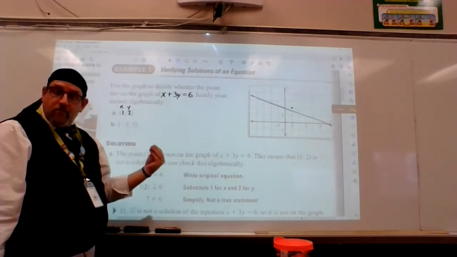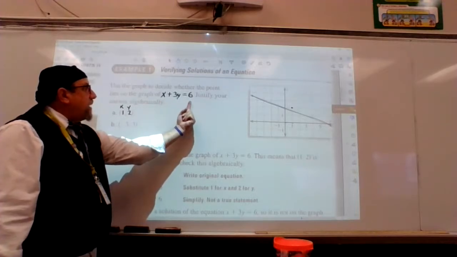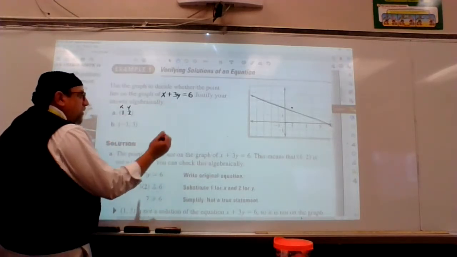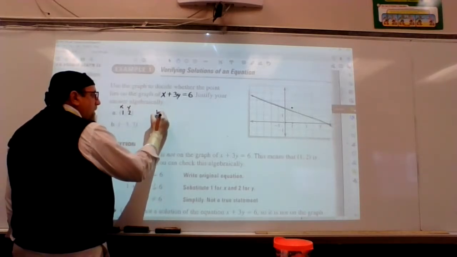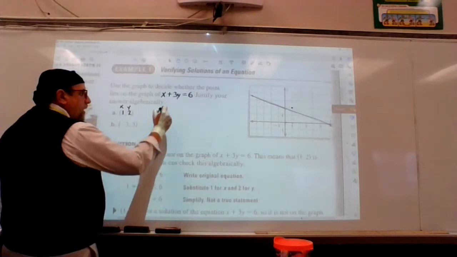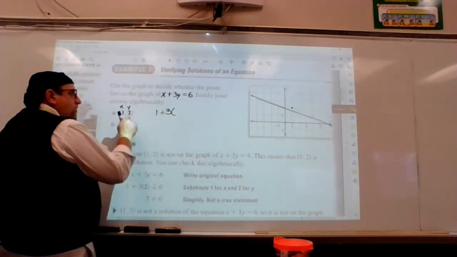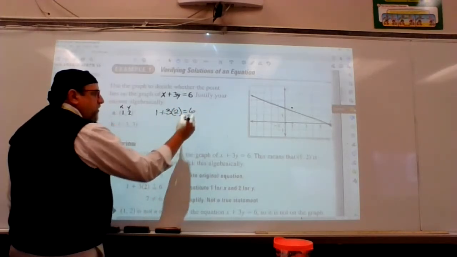We're going to do some math, and then we're going to see if what's on this side ends up being exactly what's on this side. That's what it says. It says put the points in. So here I go. I have an x, and I'm going to make it 1, plus 3 times whatever y value I have, that's a 2, equals 6.